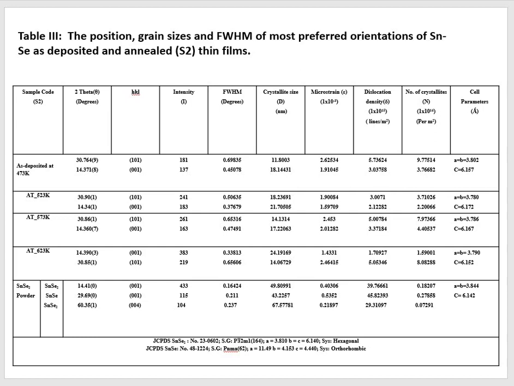The strain and dislocation density values corresponding to 001 and 101 orientations are found to decrease with increase in annealing temperature. The increase in average grain size indicates improved crystalline behavior of the thin films at higher substrate temperatures, while the decrease in the strain and dislocation values of corresponding films indicates reduction in the lattice imperfections.